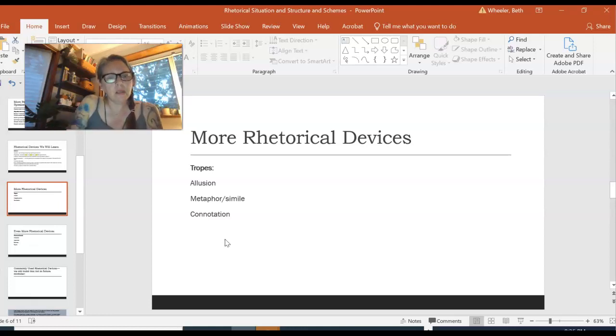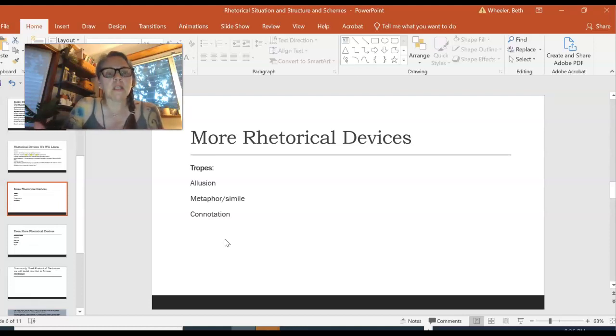And then connotation is when you are using words that suggest other meanings that you aren't actually saying. So denotation is the act in writing where a word actually means what you mean it to mean. You know, the dictionary definition, there's no extra meaning associated with it. And connotation has a suggestion to it, right?